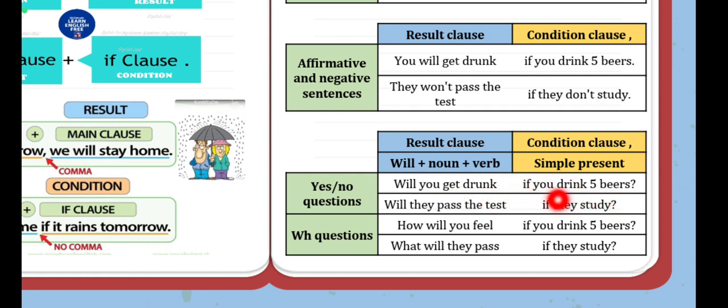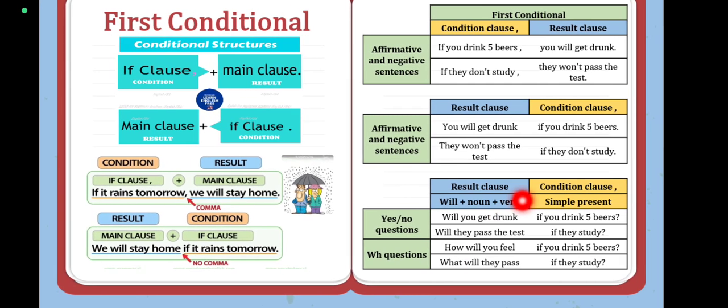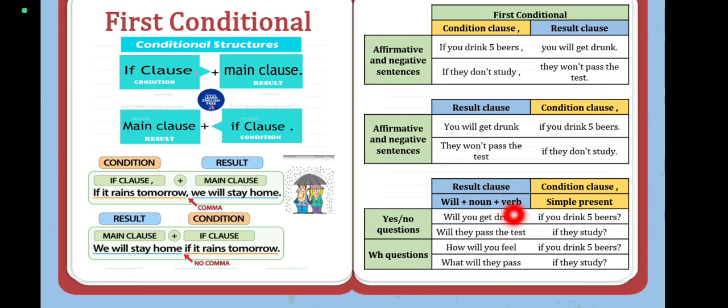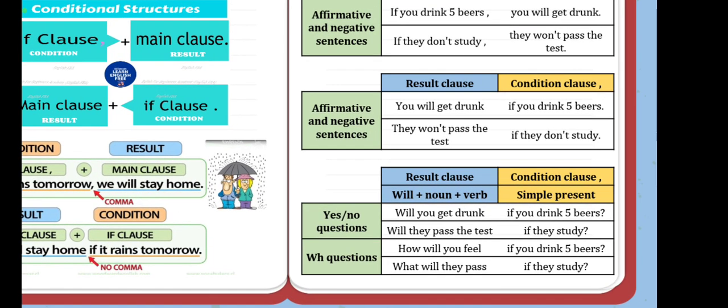Because if you say, if you drink 5 years, will you get drunk? It doesn't sound natural. It may be possible with other conditionals, but with first conditional, this is the structure for questions. Result clause plus conditional clause.